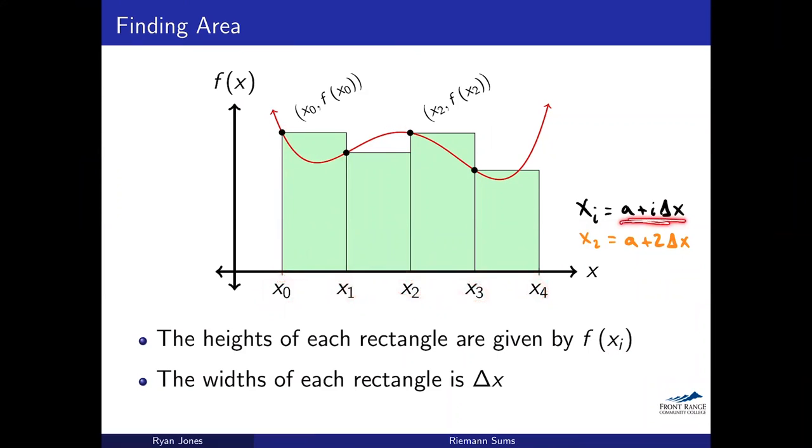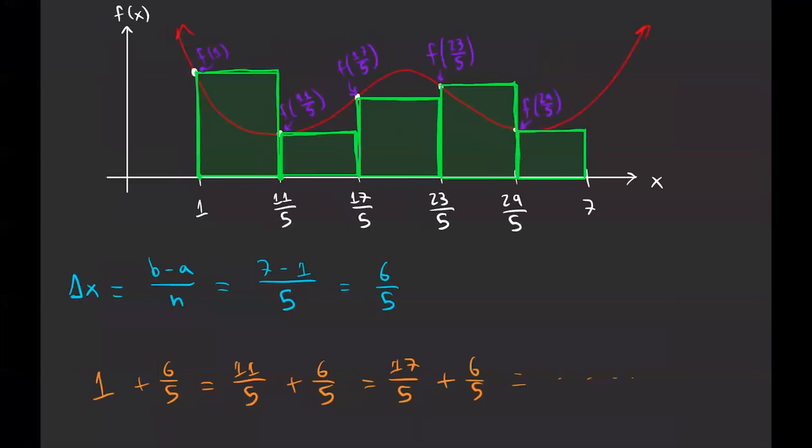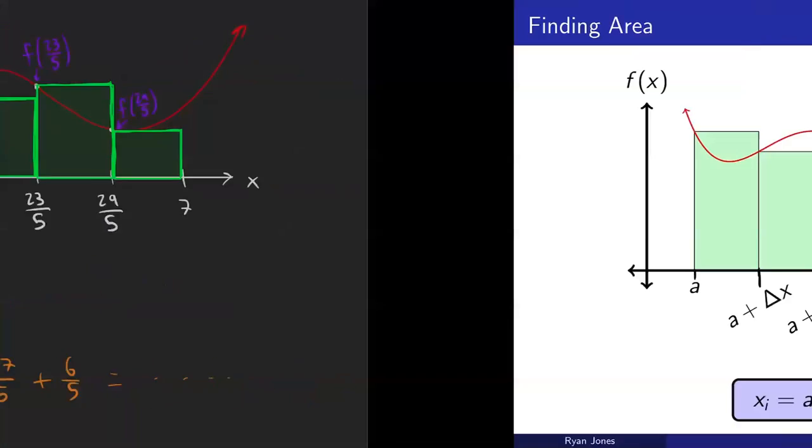Remember, X sub I is given by this right there. And so there we go. We've got that right there. Let's go ahead and do a quick example. I want to do another example of this, but I want to do it using the formula.